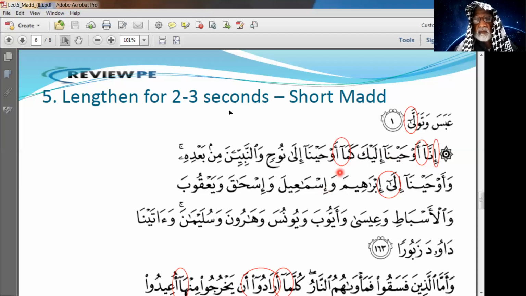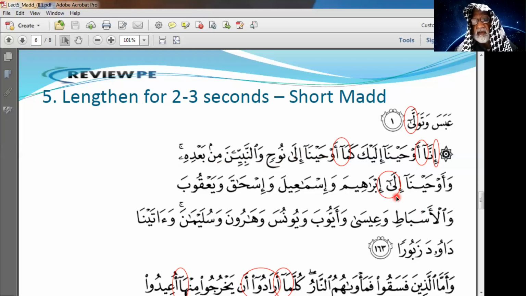Again, looking at this one, we have mim with fatha, alif, then hamza, and that hamza has to be mad. So kama awhayna. But if you want to continue, of course, kama awhayna ila nuhin wan nabiyyina min ba'dih.